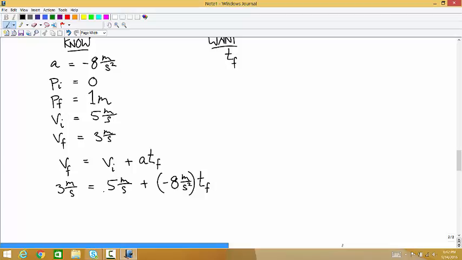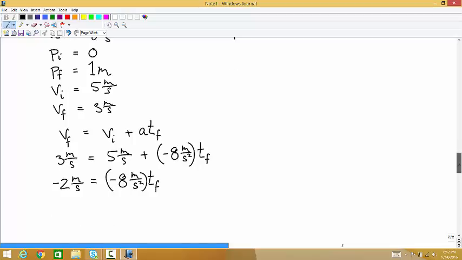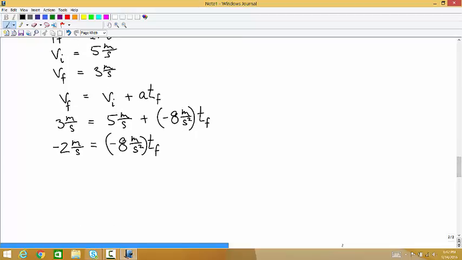And I'll subtract 5 meters per second from both sides, and we get negative 2 meters per second is equal to negative 8 meters per second squared times TF. Divide both sides by negative 8 meters per second squared. So this is negative 2 meters over seconds divided by negative 8 meters over seconds squared.